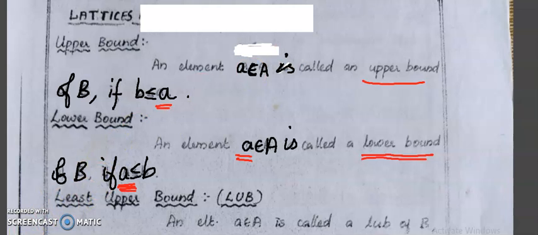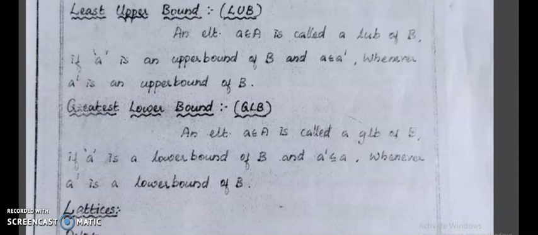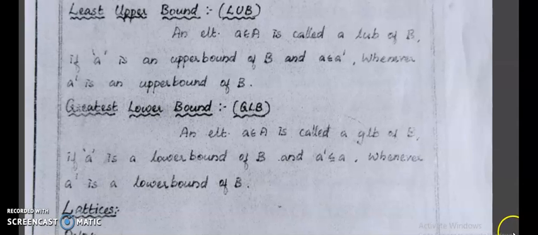The next definition: now let us learn about the least upper bound and greatest lower bound. So what is least upper bound here?